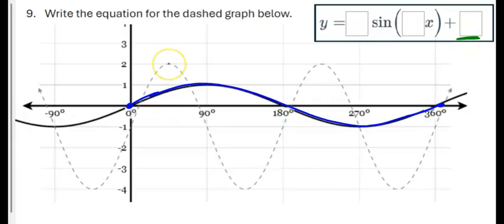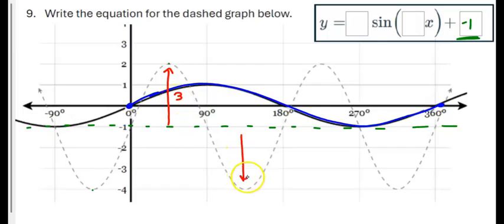The top of the graph is at 2, the bottom is at -4, so the midline is at -1. The amplitude is 3, going up 3 and down 3. The graph, starting on the y-axis, tells us it isn't being shifted, because in both cases the graph is going up. Sometimes the graph can intersect the y-axis going down, and that means the graph has been shifted or flipped over. In this case, they're both going up, so we're good.